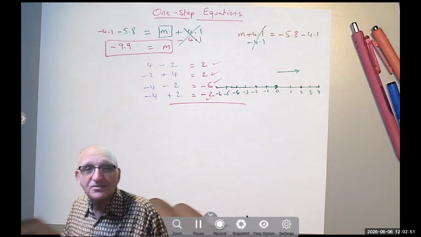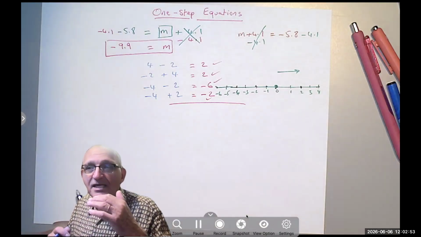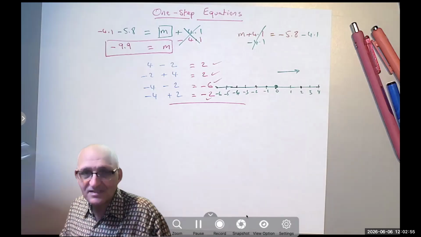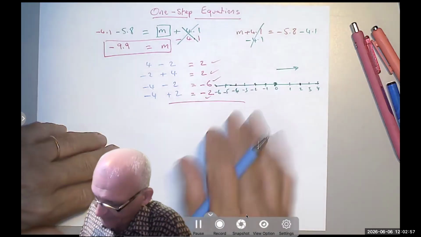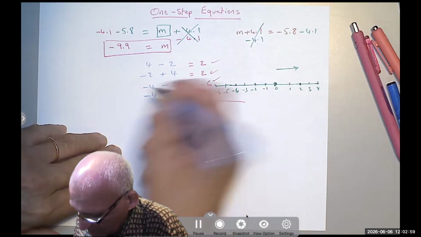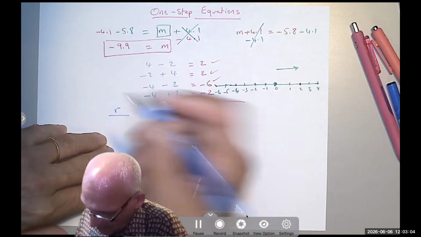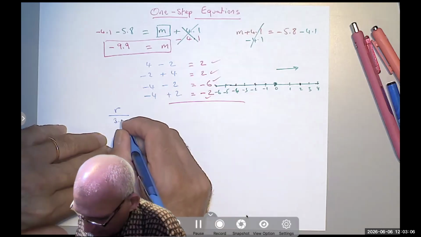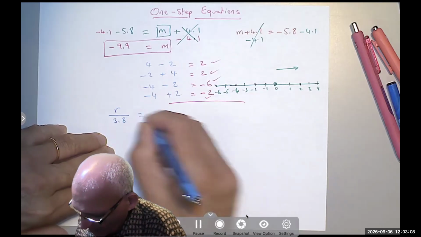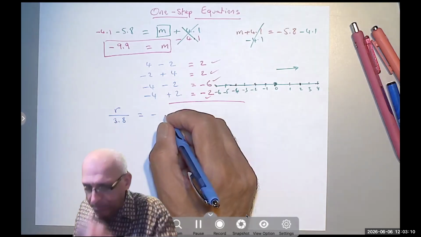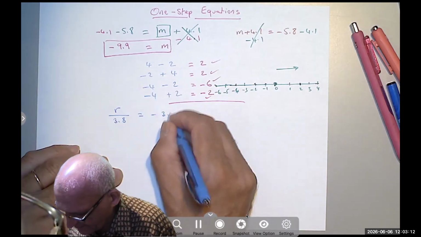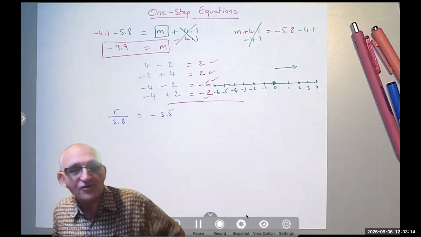Okay, let's take another problem that has a ratio on one side. Ratio starts with R, so I'm going to say R divided by, for example, 3.8 equals a negative number, maybe -3.5. And I'm solving for R.